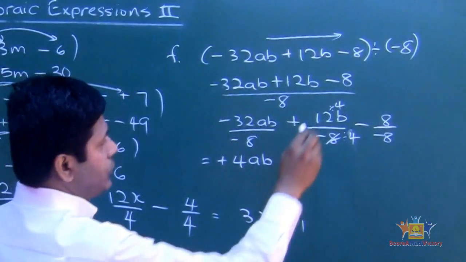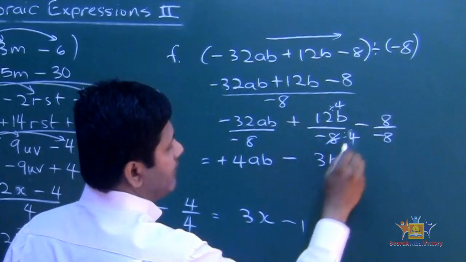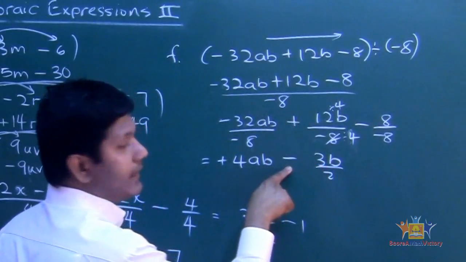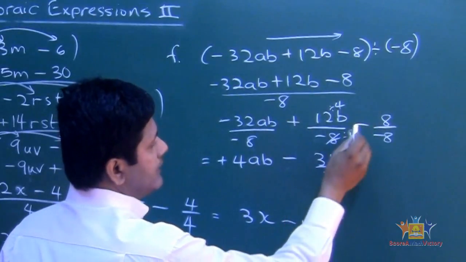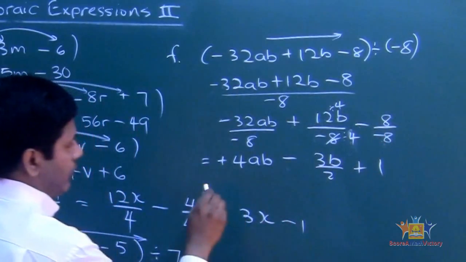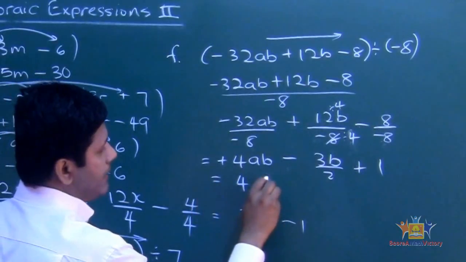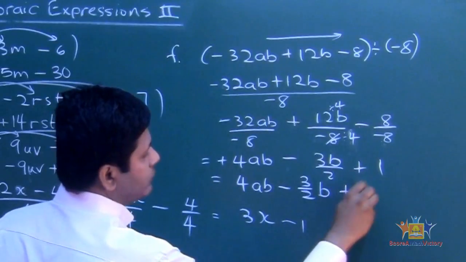So that makes it 3b over 8 divided by 4 is 2, because this one we already decided is negative. See that's a 2b. Negative, negative, positive. 8 divided by 8 is 1. Now you can rewrite this as 4ab minus 3 over 2b plus 1.